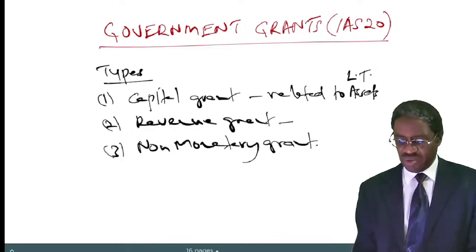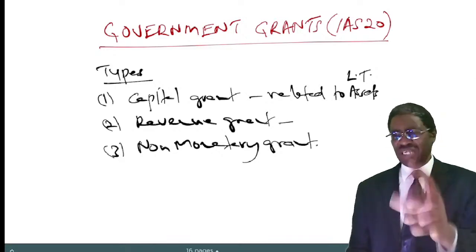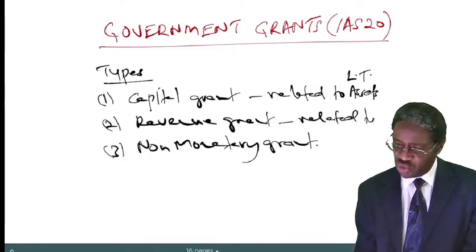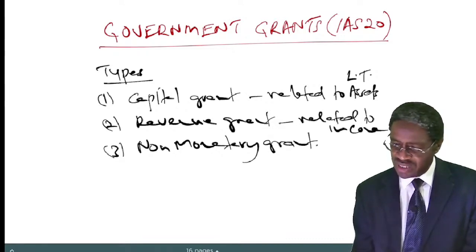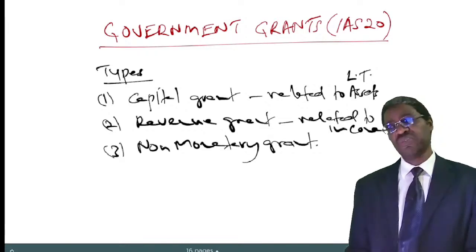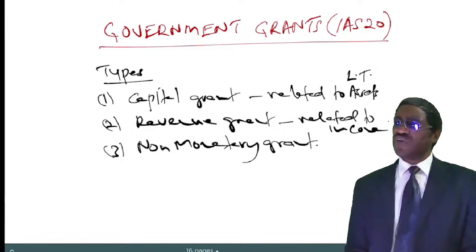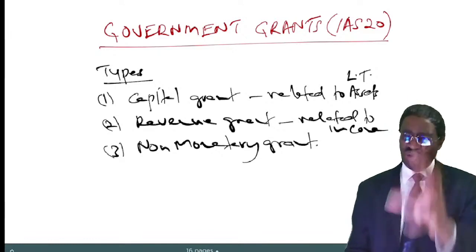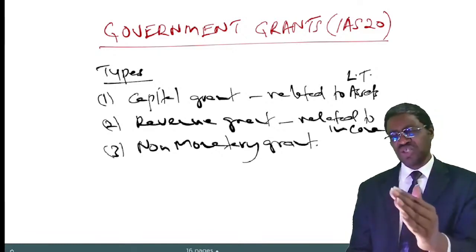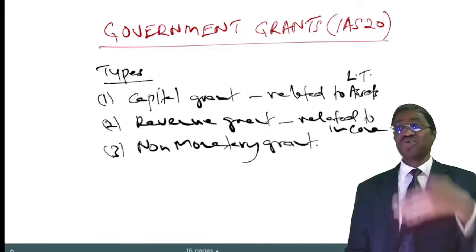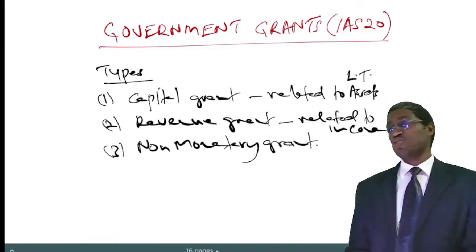What about a revenue grant? These are grants that are related to income. For example, you are given some money and told to use this money to meet the normal running expenses of your business, maybe to pay employees or to pay for electricity.